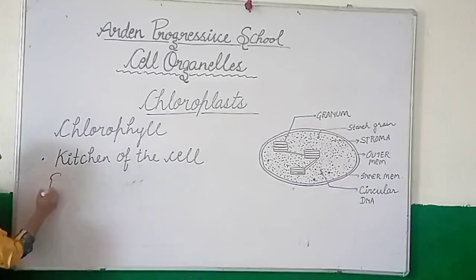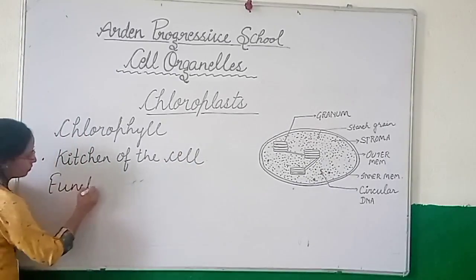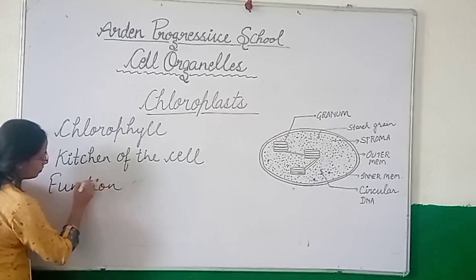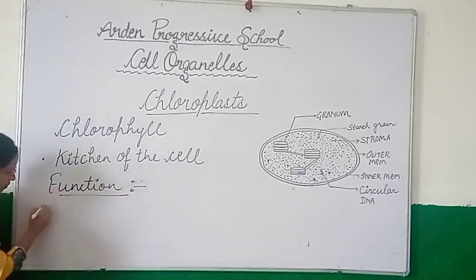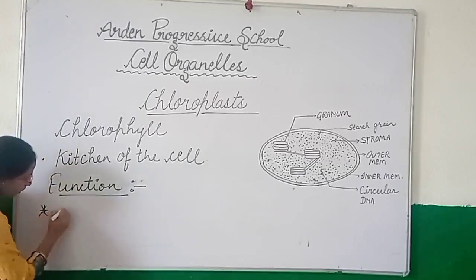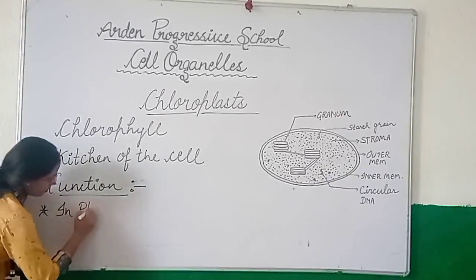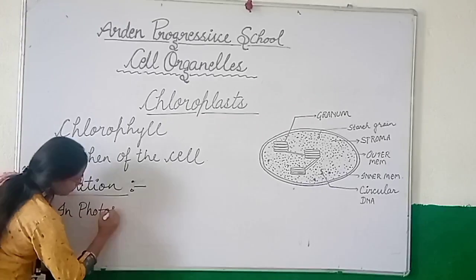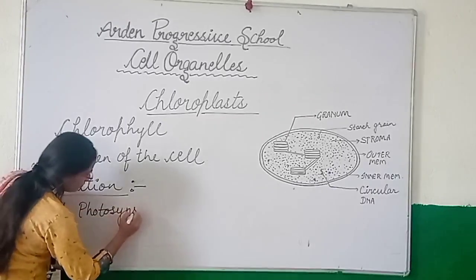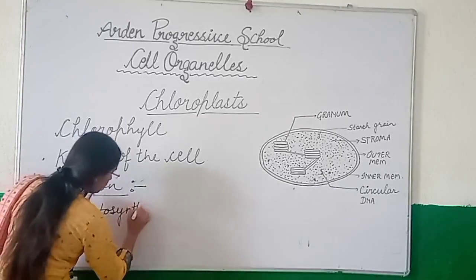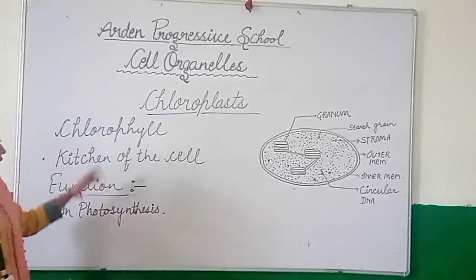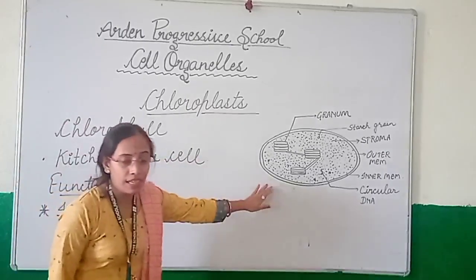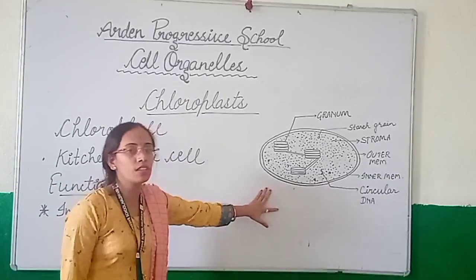The function of chloroplast. The major function of chloroplast is in photosynthesis. The chloroplast plays an important role in photosynthesis.